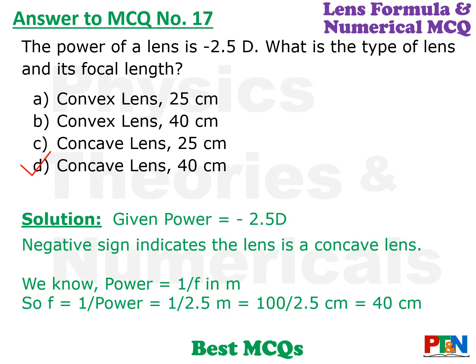See, minus means it is a concave lens. Now you have been given power of the lens as 2.5. So focus will be 1 by 2.5, that will be in meter. Make it in centimeter, make it 100 centimeter. 100 centimeter by 2.5, that will be 40 centimeter.